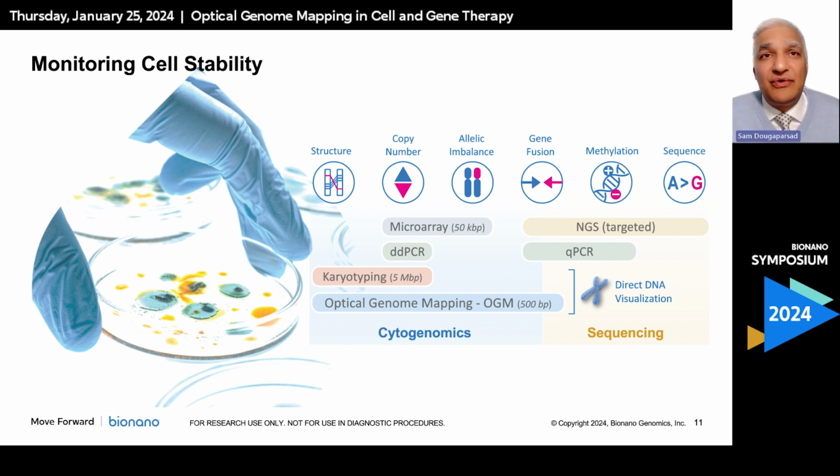Now, note that OGM and karyotyping are the only two techniques for direct visualization of the DNA. All of the other techniques use DNA as a template to visualize genomic proxies.